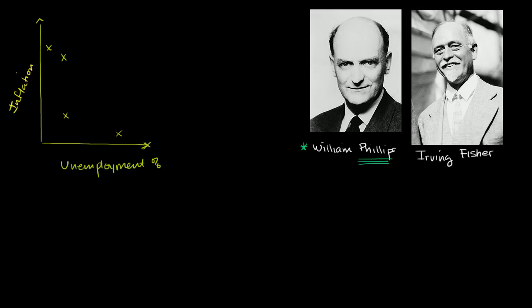And what he saw is there's a correlation here, that there's an inverse relationship, that if you were to try to fit a curve to these points, and you could have more points here, and I'm just picking them at random, you could fit a curve that looks something like this. That's generally saying that when you're up here, you have high inflation and low unemployment, which is the low unemployment part is a good thing.